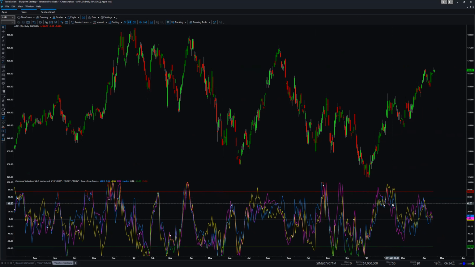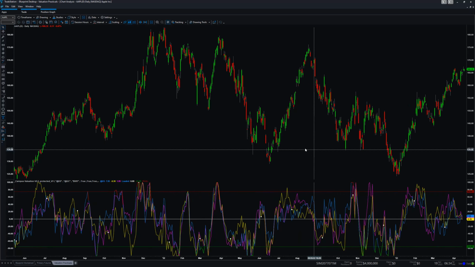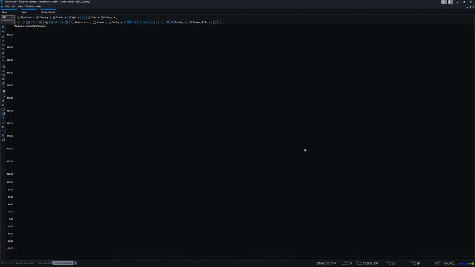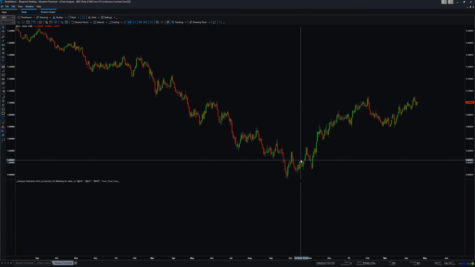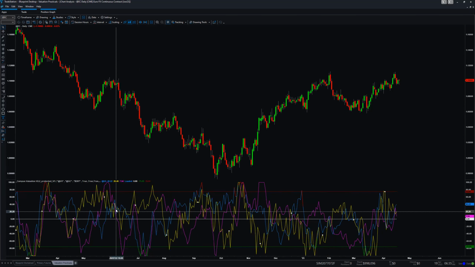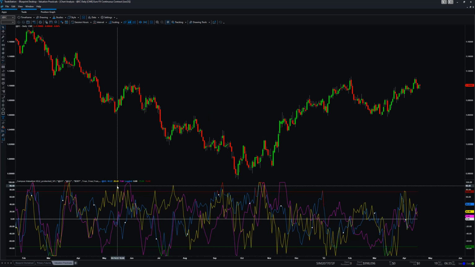Sometimes they'll move very similarly, but they don't have to move similarly. Sometimes they can be very different. If you look at euro, for example, at times we have one that's going to be undervalued and the other that's going to be overvalued, and one that's going to be in the median.